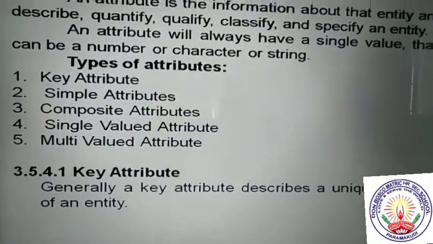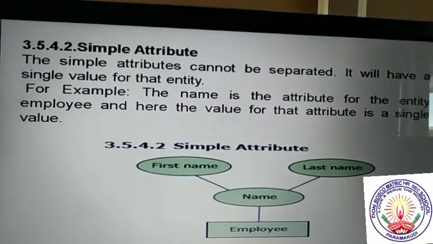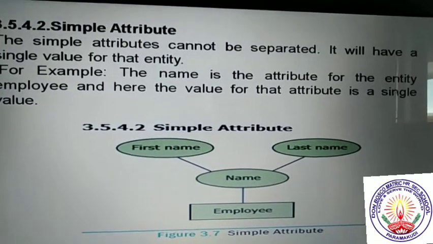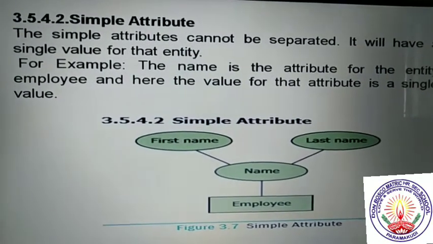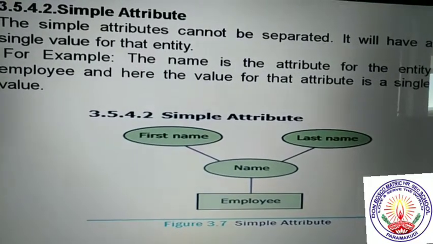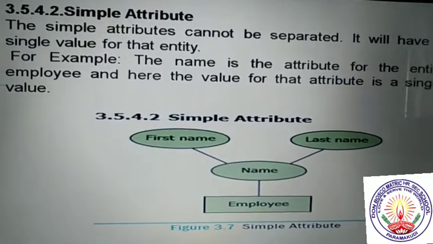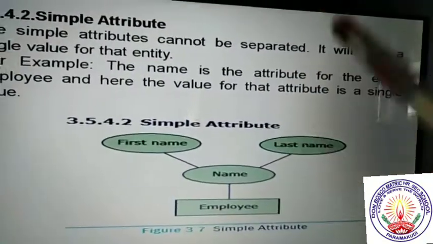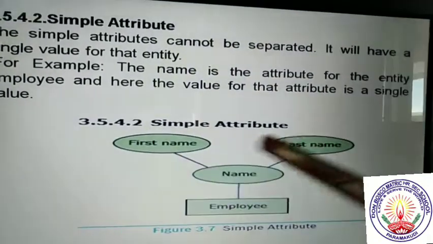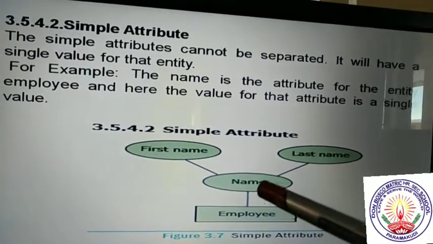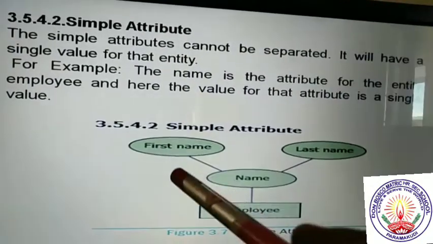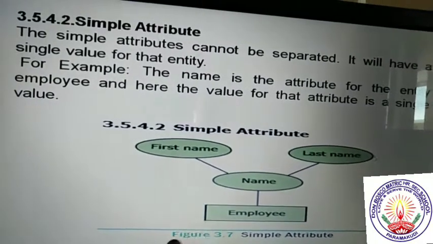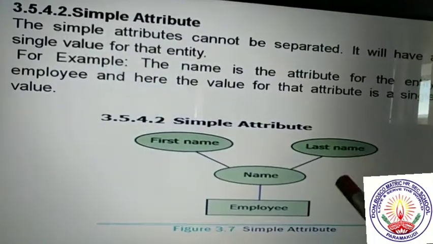Okay. And the next one, simple attribute. Simple attributes cannot be separated. It will have a single value for that entity. For example, if the name is the attribute, we can separate it into first name or last name. If you create the name, you type your initial and after that your name, otherwise first your name and then your initial.